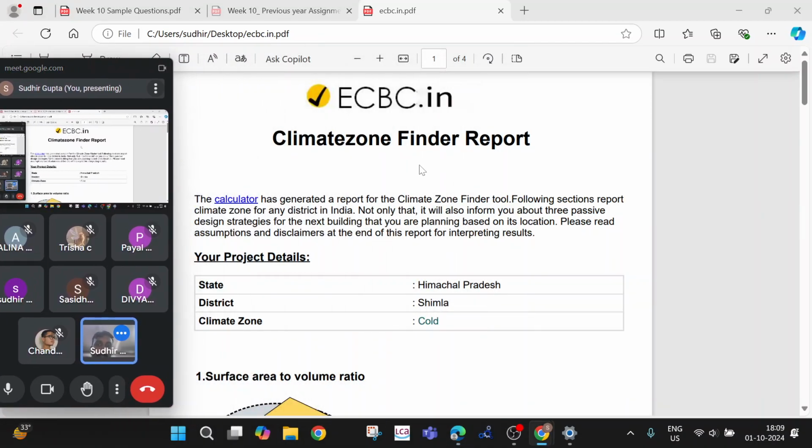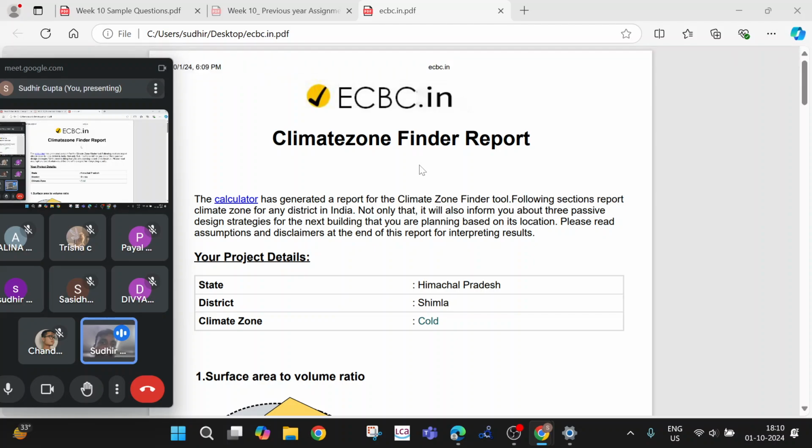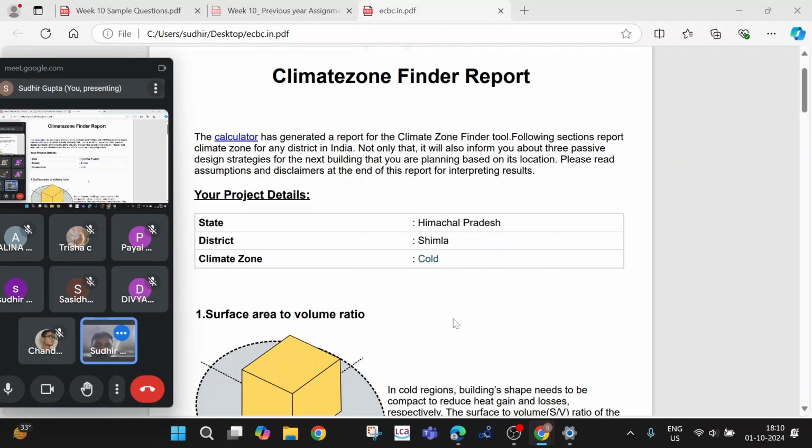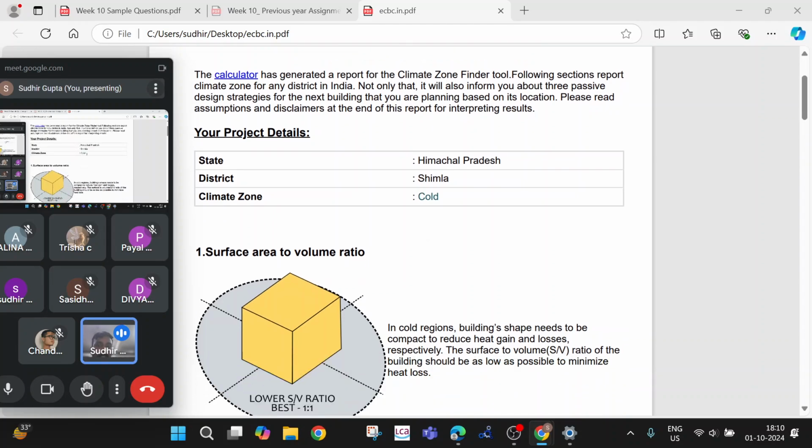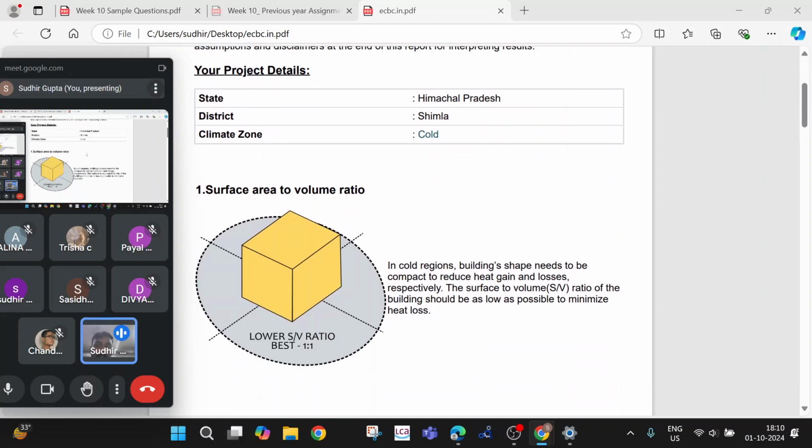this is the ECBC climate zone finder report for the state Himachal Pradesh, district Shimla, which I have entered. You can choose any other you prefer. In this, the cold climate condition exists out of the five climatic zones I was discussing. So which design strategy should you opt for?